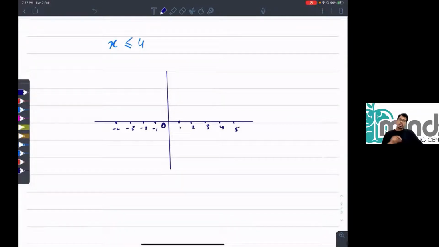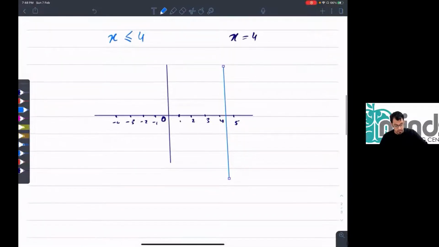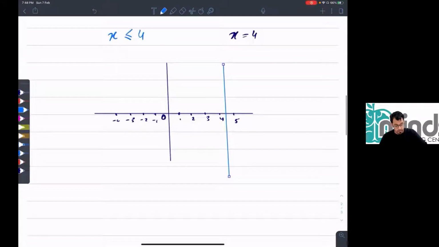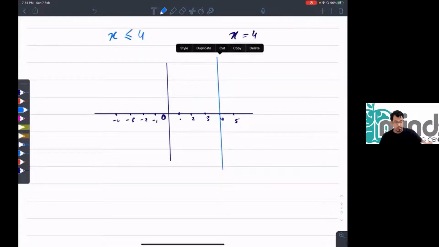You cannot plot an inequality. So what is the equality here? x is equal to 4. I hope you understand. x is equal to 4, a vertical line passing through x equal to 4. Something like this. x equals 4 is this vertical line.